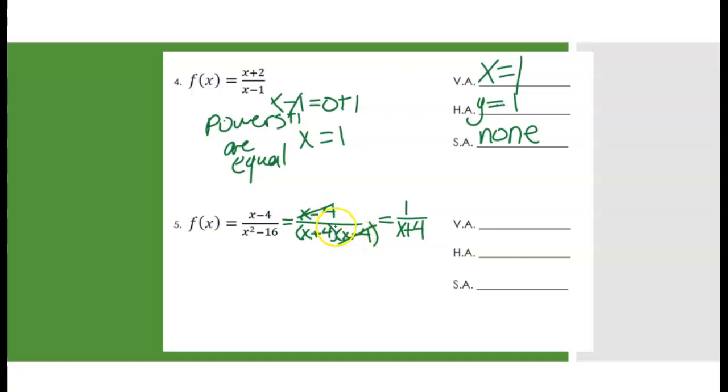Where x minus 4 is 0. There is a hole there. When I find my vertical asymptote, what do I need to do with the denominator? Set it equal to 0. And this is my new denominator, right? So I'm going to set x plus 4 equal to 0. My vertical asymptote is at x equals negative 4.